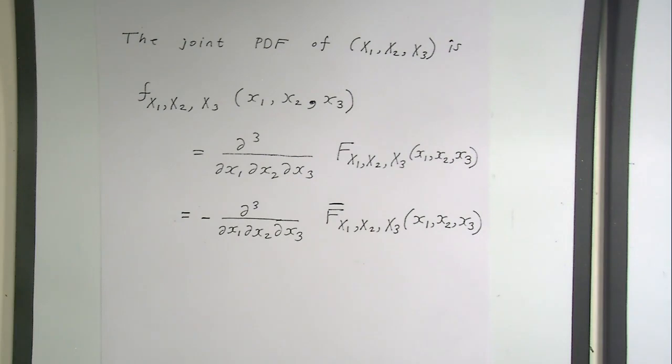So this will become the probability that x1 is greater than little x1. So you have 1 minus the probability x1 greater than little x1, which is the CDF of x1. Because remember, the CDF of x1 is the probability that x1 is less than or equal to little x1.